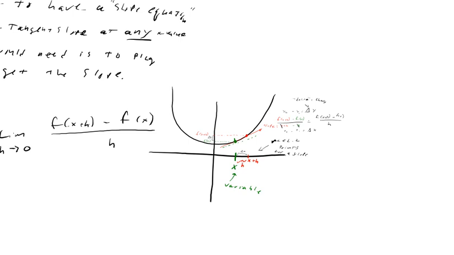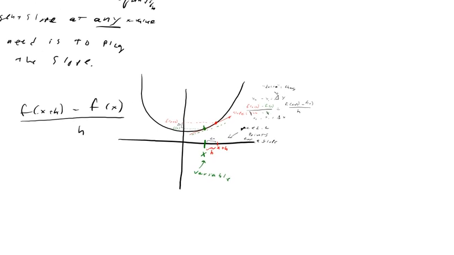If I take the limit of this function as it approaches 0, the tangent slope is the limit as that h value approaches 0 of f of x plus h minus f of x over h. So as my h gets smaller, as my distance between the points disappears, it becomes 1 point, and I have the slope at that value.